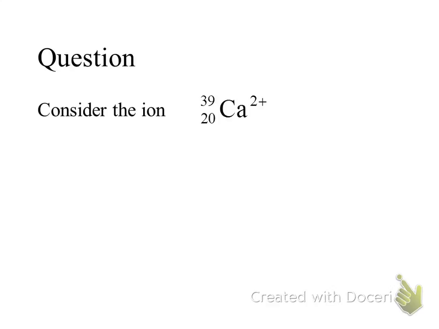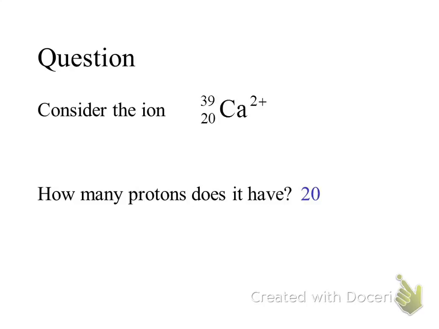It forms a +2 charge. Let's see, how many protons does it have? 20, very good. How many electrons does it have? 18. Why 18? 20 minus 2. Yep. Very good.